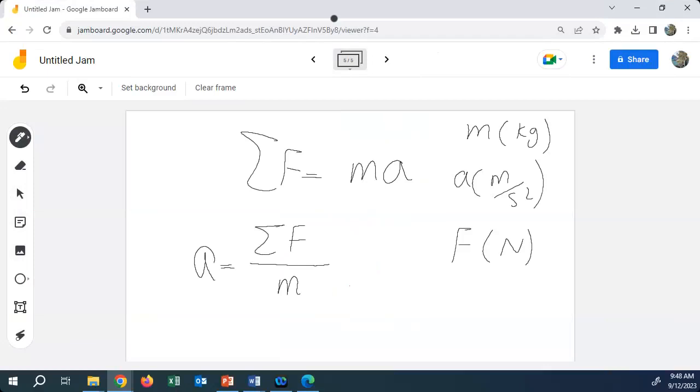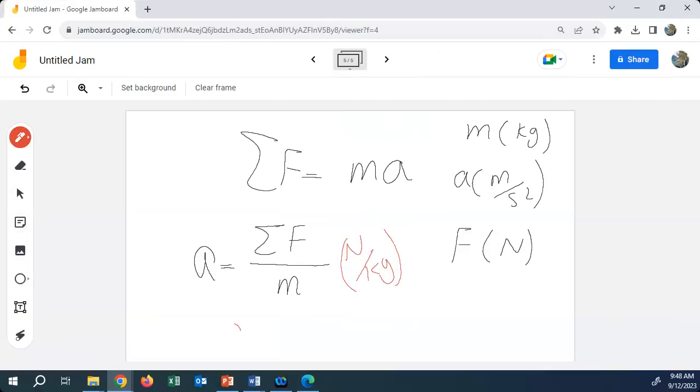So, if I use this unit, let's say, what is the unit of the force? Newton. What is the unit of the mass? Kilogram. Yes? We can say the acceleration unit is Newton per kilogram or meter per second squared. These two are the same.